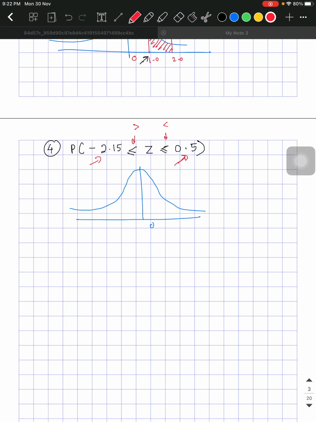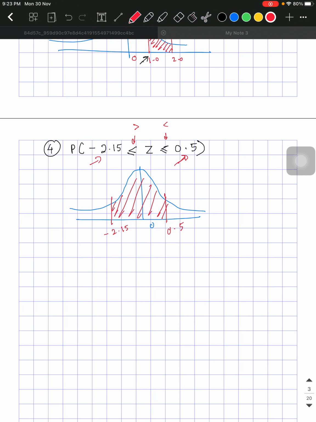So the negative value, you have to put on the left side, which is negative 2.15, and the positive value at this side, 0.5. Okay, since the question is in between, the shaded region is right here in between.